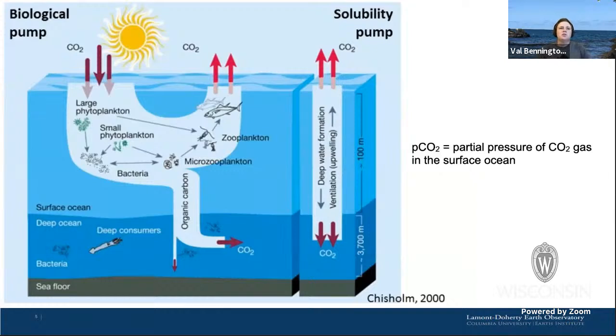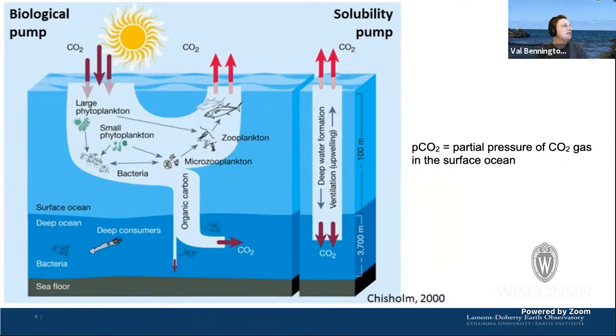So what controls the ocean carbon sink? We have both the biological pump and the solubility pump. Sorry if I look at my screen, I'm looking at my other screen. The biological pump involves basically the phytoplankton of the ocean.